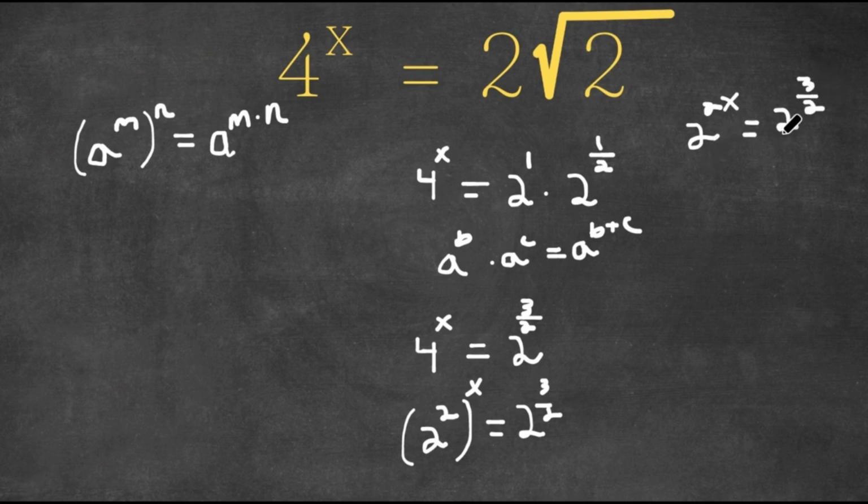Now, because our bases here are the same, our exponents here are the same as well, meaning 2x is equal to 3 over 2. And now, as you see, we have a simple equation. So now if I multiply by 2 on both sides, I get 4x is equal to 3.